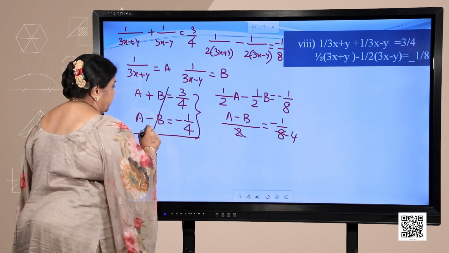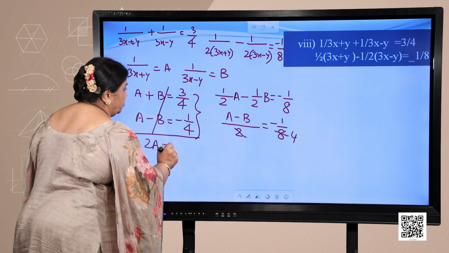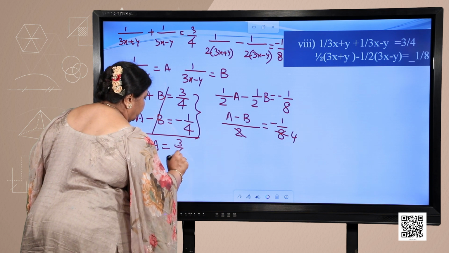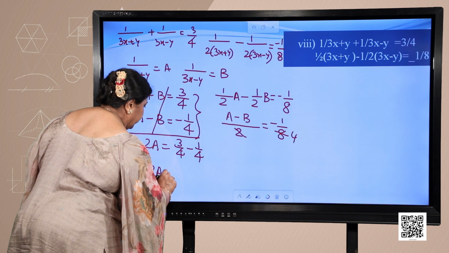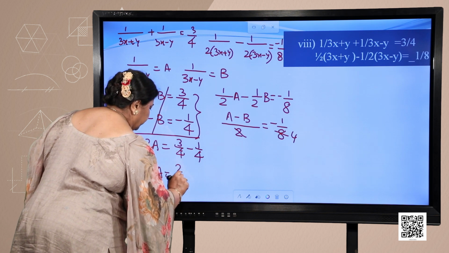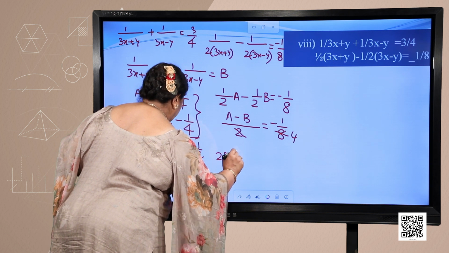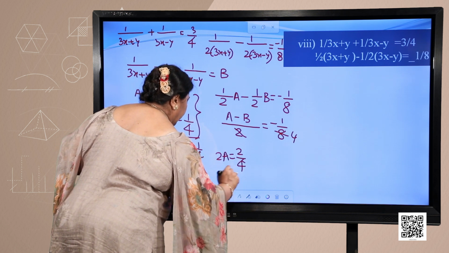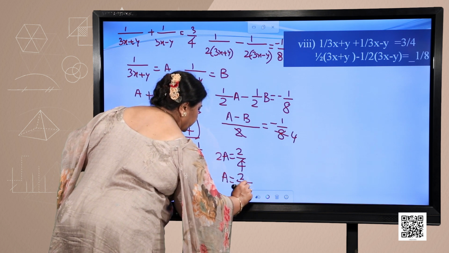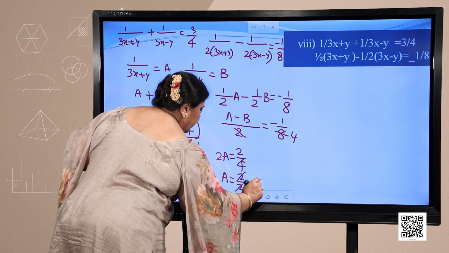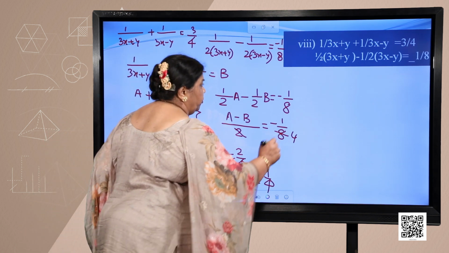So, if I add, b minus b gets cancelled, I get 2a is equal to what, 3 by 4 minus 1 by 4? Yes, you are right. You get 2a is equal to 2 upon 4, a is equal to 2 upon 2 into 4, or that is 1 upon 4. So, value of a is 1 upon 4.